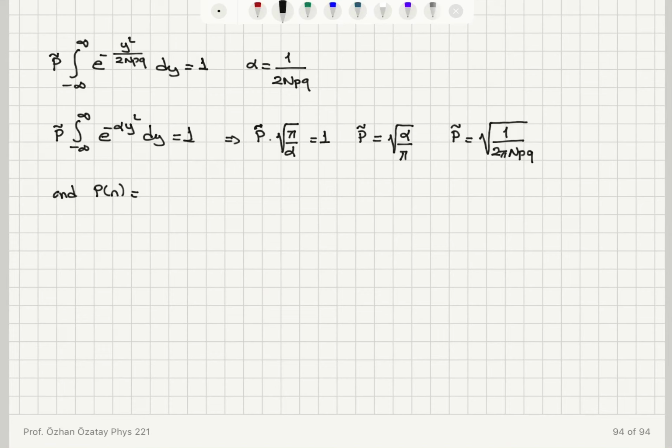So it's going to be 1 over square root 2 pi NPq multiplied by e to the minus n minus capital NP squared divided by 2NPq.